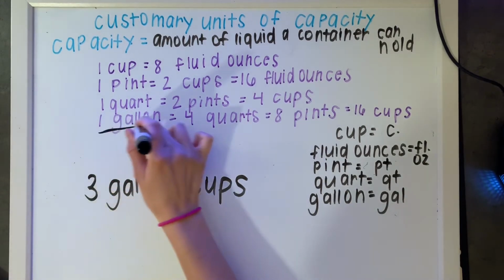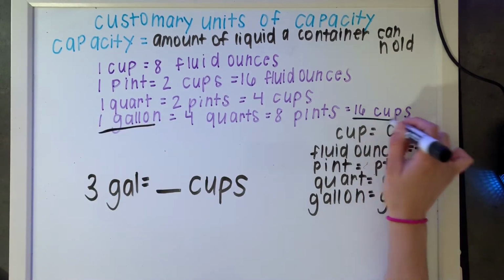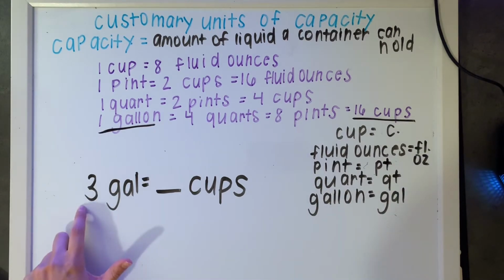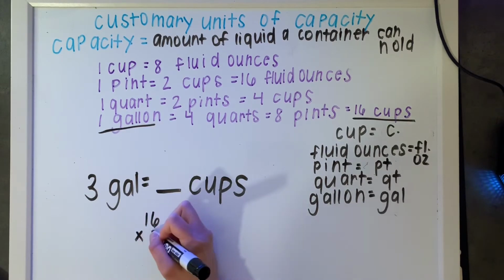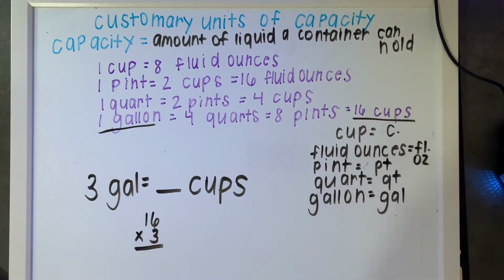Well, I see that 1 gallon is equal to 16 cups. So in order to find 3 gallons, I would need 3 copies of the 16 cups. So I could do 16 times 3.